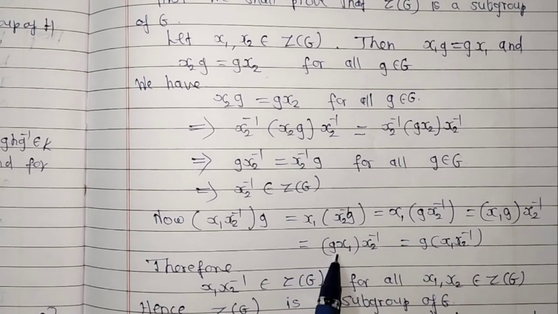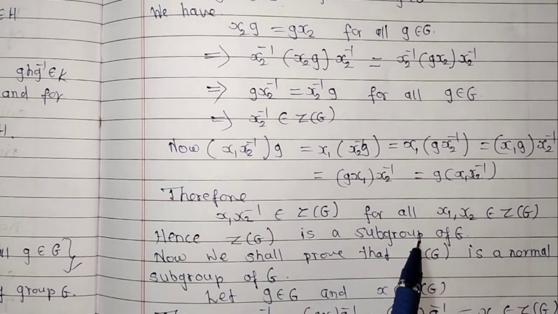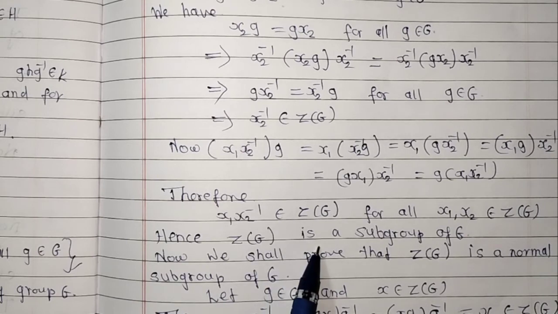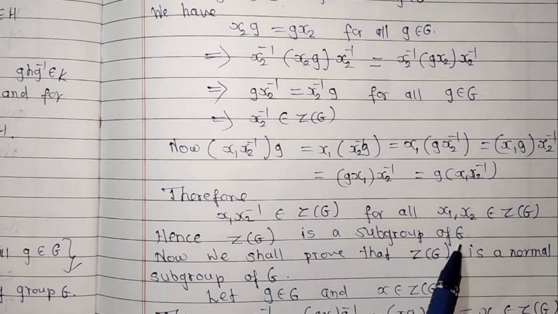And this is equal to g x1 x2 inverse equal to g (x1 x2 inverse), and therefore x1 x2 inverse belongs to ZG for all x1, x2 belongs to ZG. Hence ZG is a subgroup of group G.